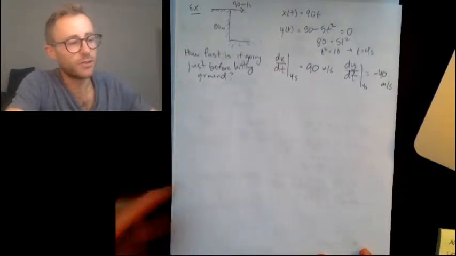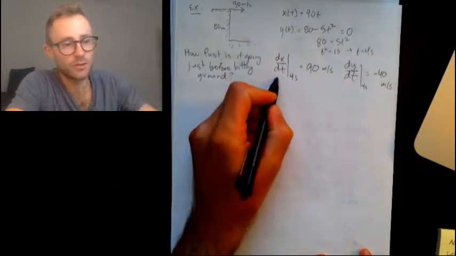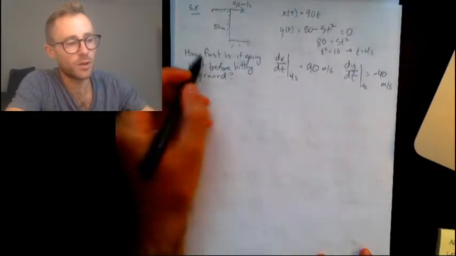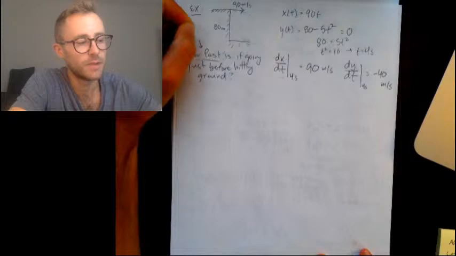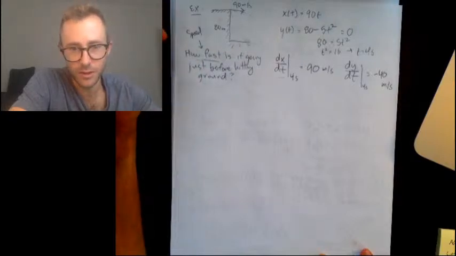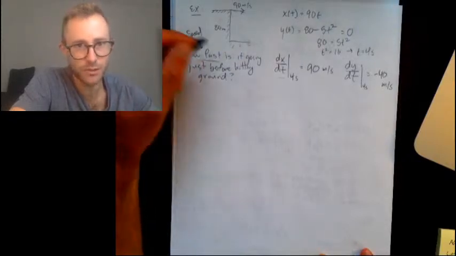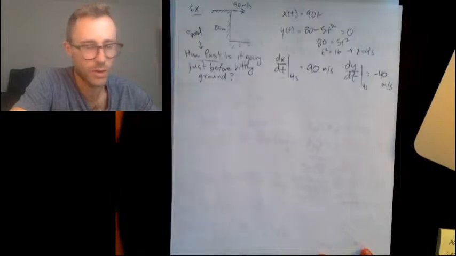So this is the x component of the velocity. This is the y component of the velocity. But we want to know how fast. How fast is speed? If you recall from our second lesson, speed is the magnitude of the velocity vector, which means do the Pythagorean theorem.